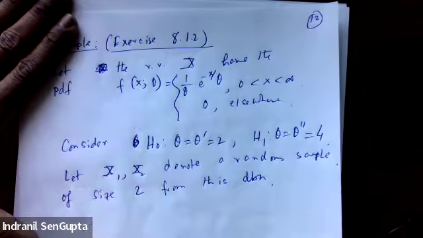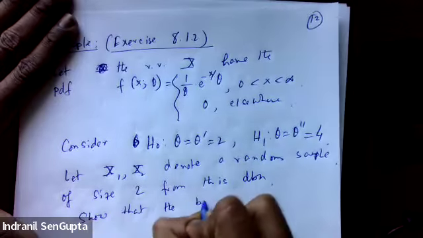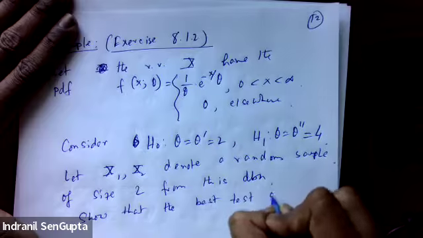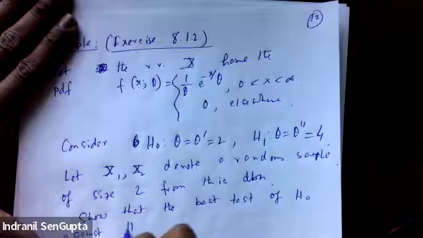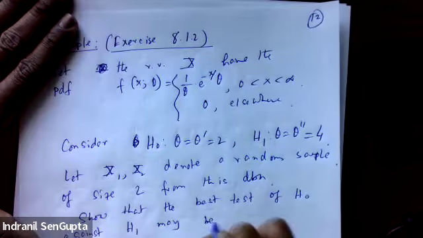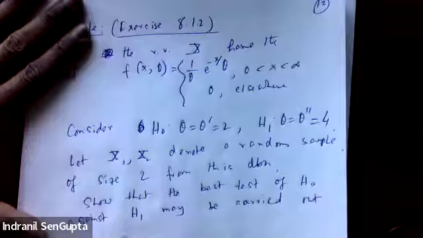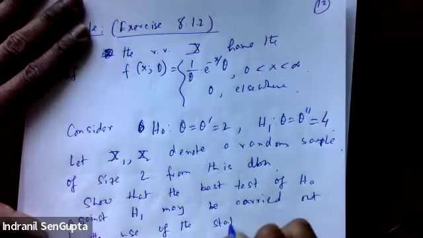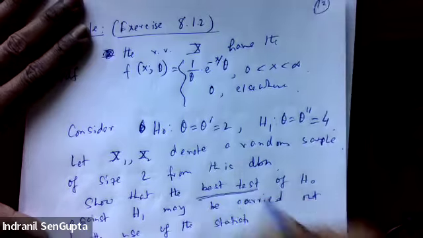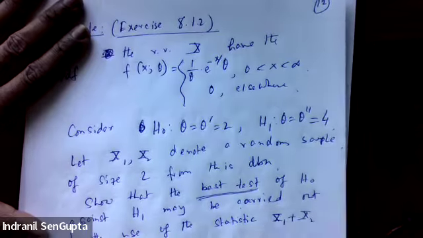Show that the best test of H0 against H1 may be carried out by the use of the statistic X1 plus X2. The keyword is best test. Okay, so this is another example of finding a best test.